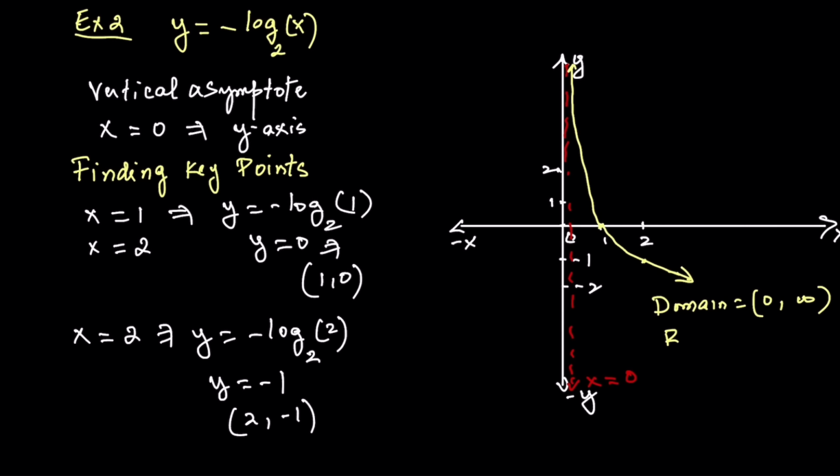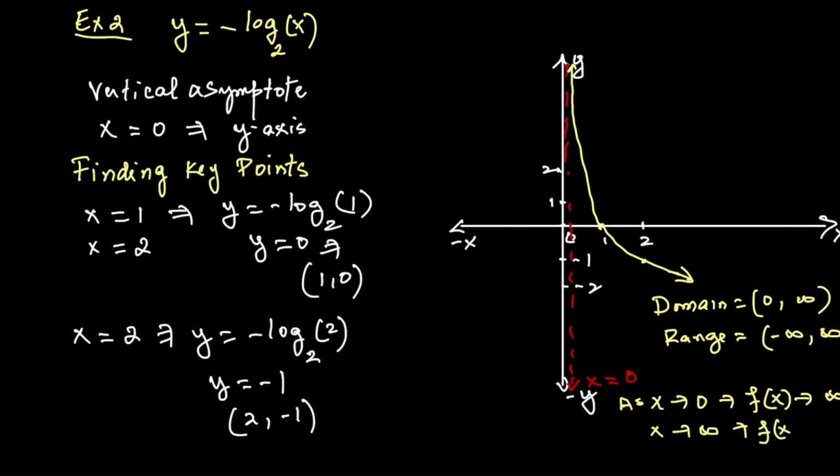The range is negative infinity to infinity. As x approaches 0 from the right, f of x goes to infinity. As x approaches infinity, f of x goes to negative infinity.